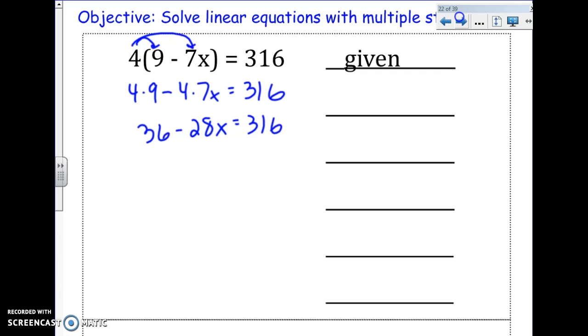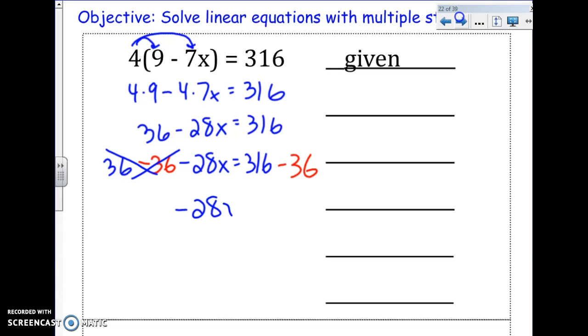And then I'm going to want to use the additive inverse, so 36 minus 36, because I got to do this on both sides, minus 28x equals 316. These go away, and I'm left with negative 28x equals 280. And if I divide both sides by negative 28.